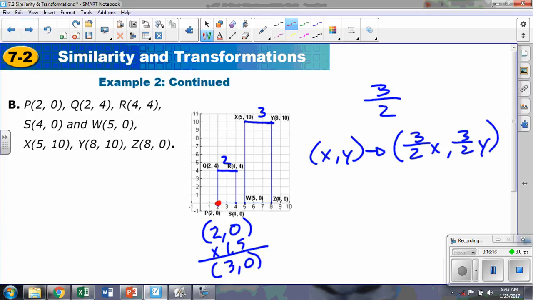So that point would get moved here. Taking the other points, 2, 4 for point Q. If we multiply that by 1.5, the 3 over 2, we get 3, 6. So that would be here.